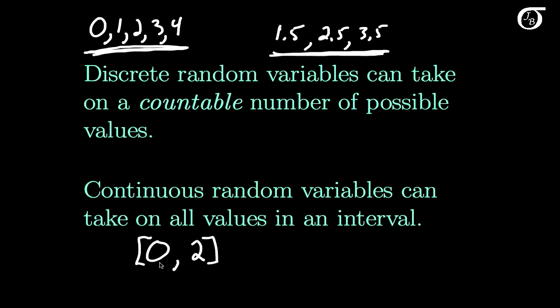So not just 0, 1, and 2, not just these distinct values like up here, but anything in this interval. So an infinity of possible values in here. So 0, or 0.325986 liters, or any value between 0 and 2. So there is a continuum there, an infinity of possible values between these two endpoints.